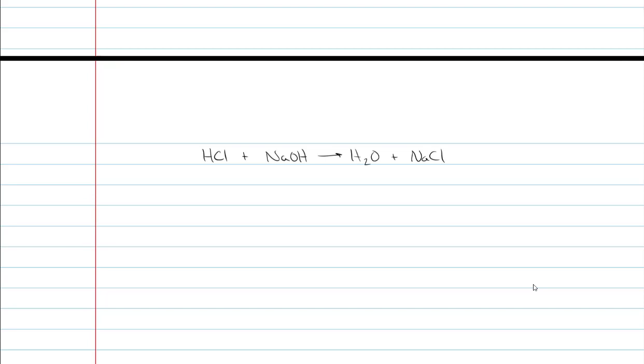So we know that I can read this as 1 mole of hydrochloric acid reacts with 1 mole of sodium hydroxide. So let me write that down. So 1 mole of hydrochloric acid reacts with 1 mole of sodium hydroxide.